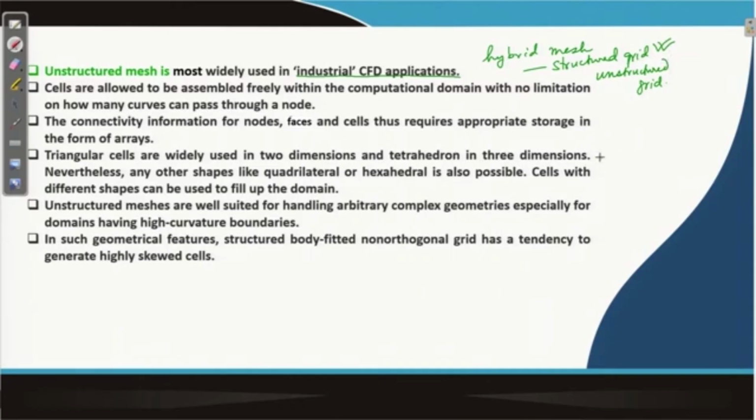So, when you are resolving the flow close to a surface, then you might like to have a layer of structured grids close to the surface, which is well refined, and beyond that it may be a region covered by unstructured grid, and unstructured grid layers can also be coarsened quite rapidly in comparison to structured grids.